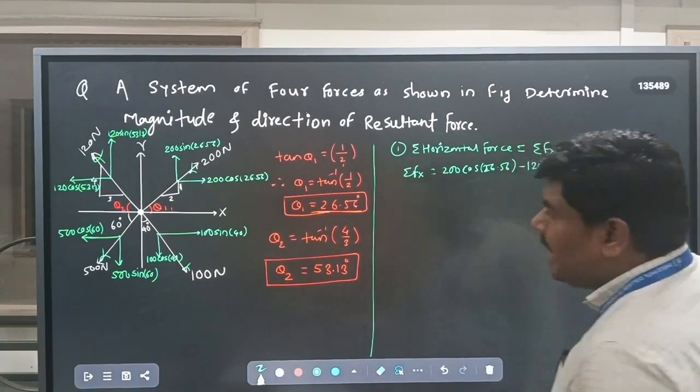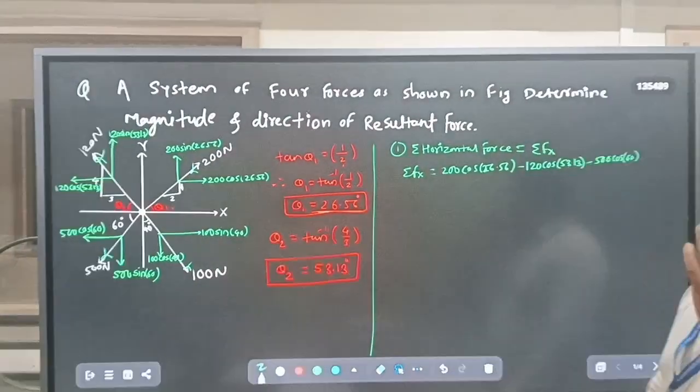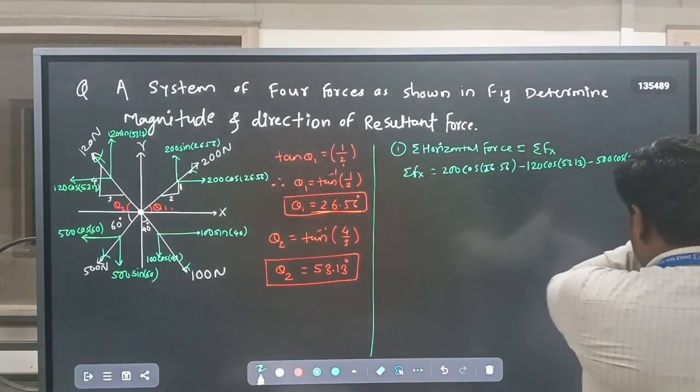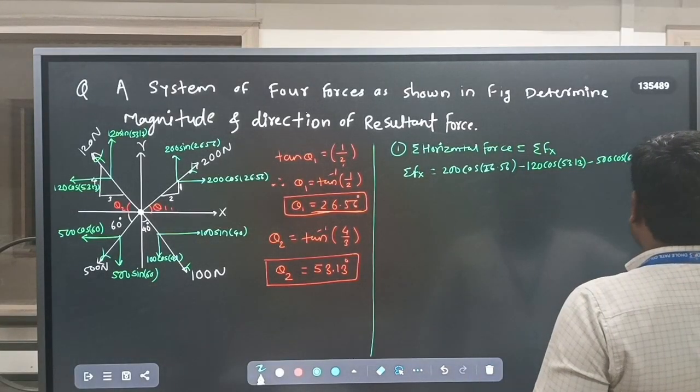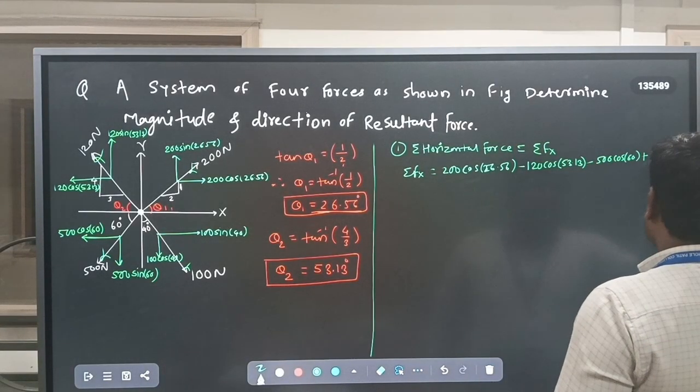And last force 100 sin, which is moving toward right, so that is positive. So plus 100 sin 40.